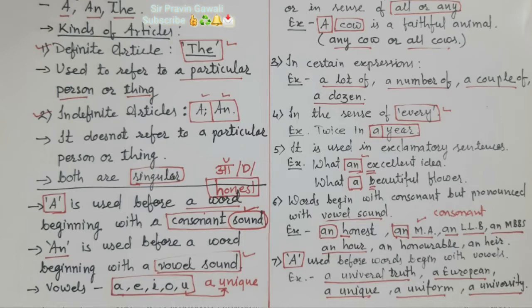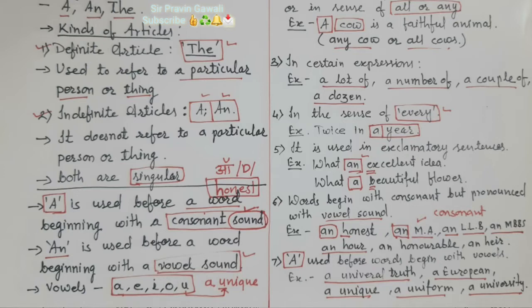Okay, student, learn it. It is sound. It should sound as a vowel. We know that in English, A, E, I, O, U, these are vowels and the rest are consonants.